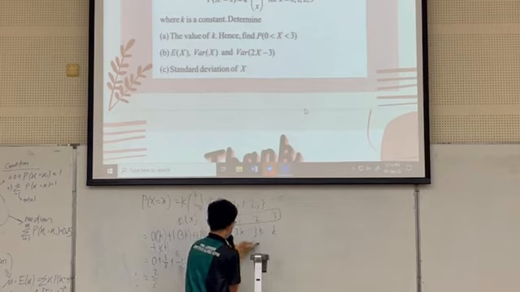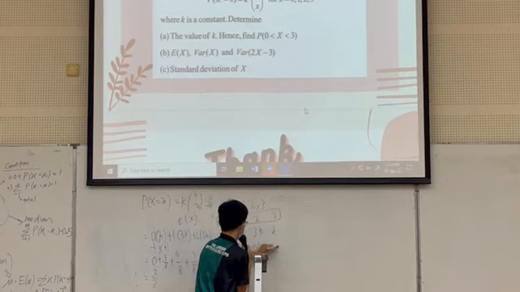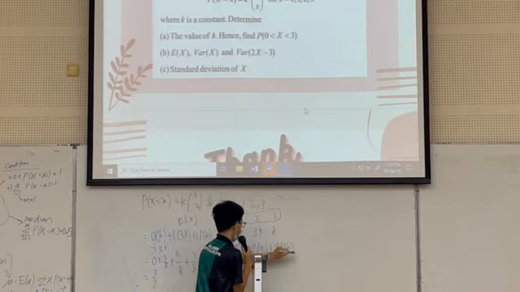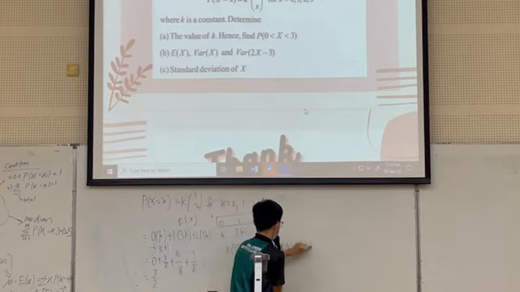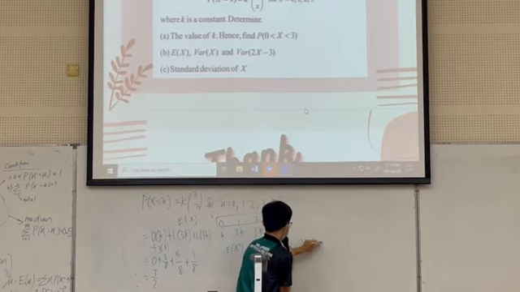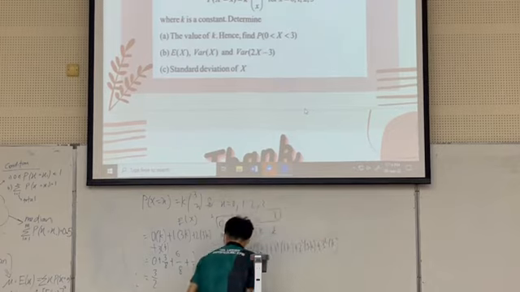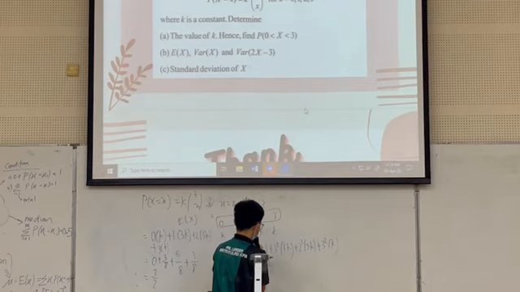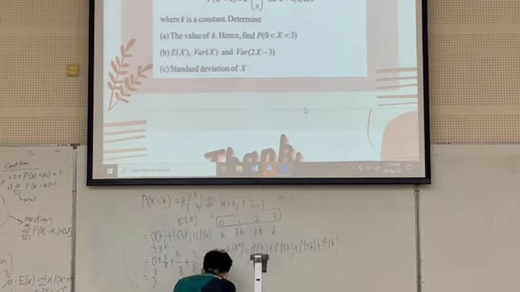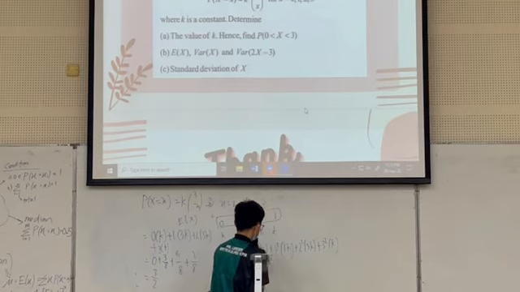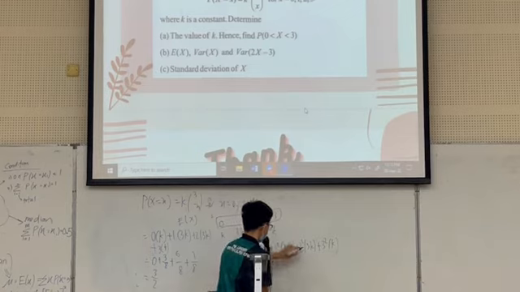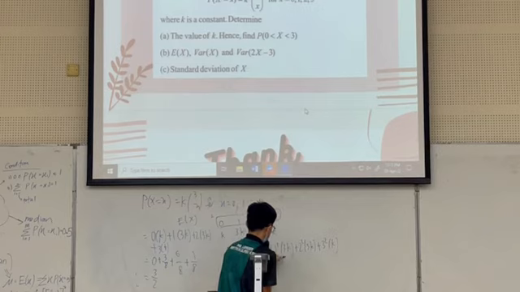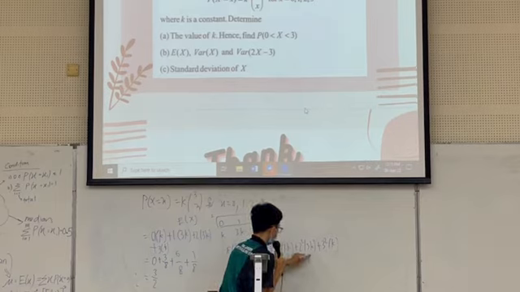So 0 squared multiply K plus 1 squared multiply 3K plus 2 squared multiply 3K and finally plus 3 squared multiply K. So this 0, 0, and then 3 over 8 multiply 1, 3 over 8 plus 2 squared 4, 1 over 8 multiply 3, 3 over 8, plus 9, 1 over 8.